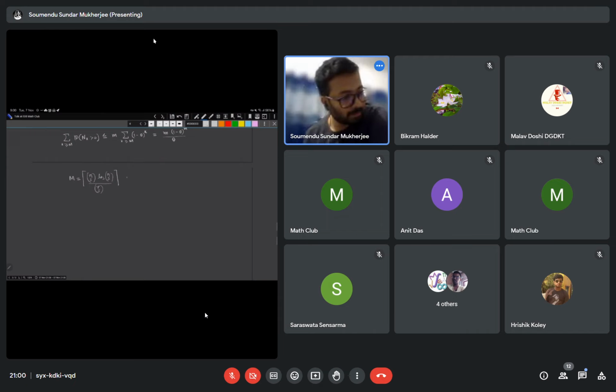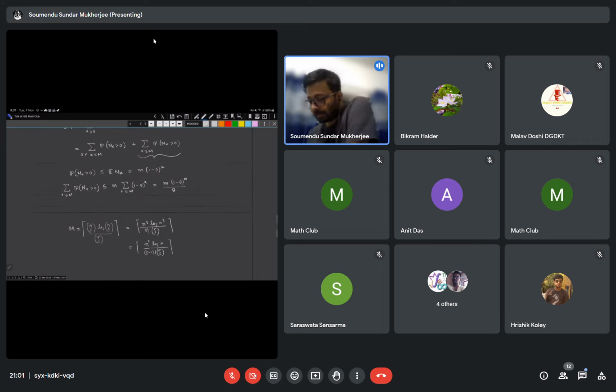I think we can write it as n to the power s, log n to the power s, so that will give you n to the power s, log n by s minus 1, factorial. So I'll take this as my m.